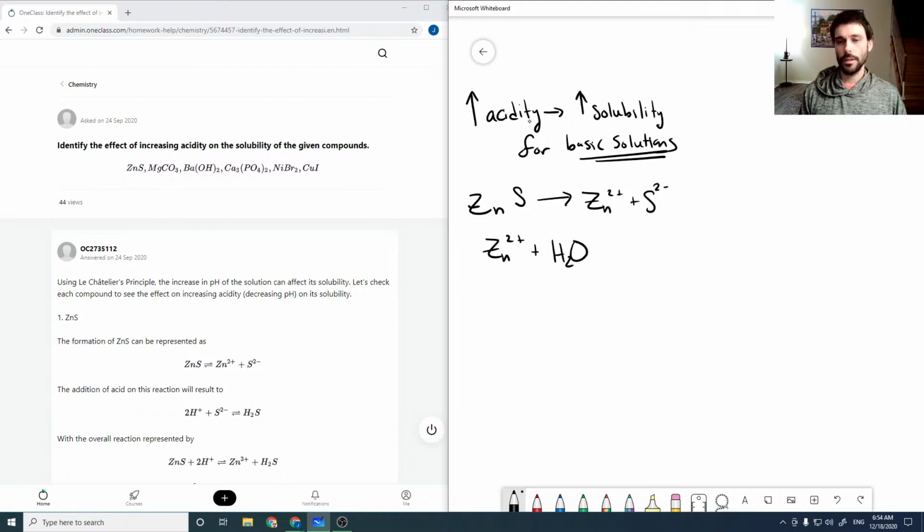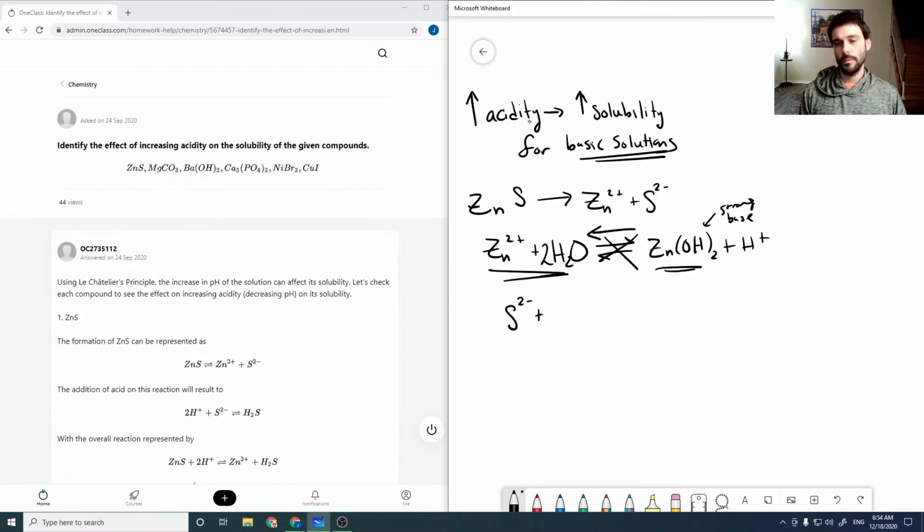The reason I'm mentioning this is that if we combine this with water, we're going to get zinc hydroxide plus H plus, and so this would be zinc acting as an acid, accepting OH minus. But that's a strong base, so this does not happen, and it only goes that way. So this reaction doesn't go.